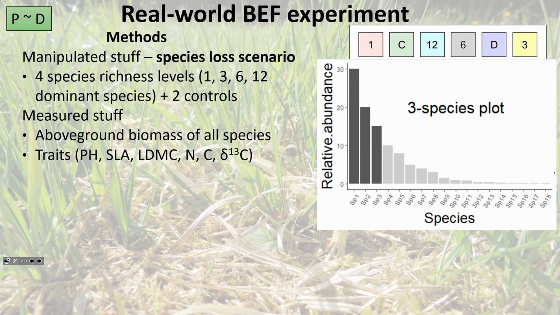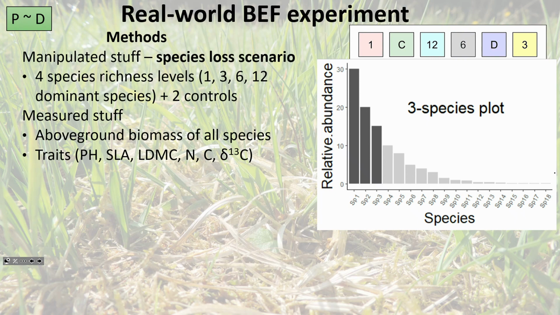Then we had 2 controls: 1 intact control, nothing done with this, and 1 disturbance control, because we were slightly scared that manual weeding of individual species from plots would cause some effects by disturbing the plots, which would somehow mask the patterns we want to see.